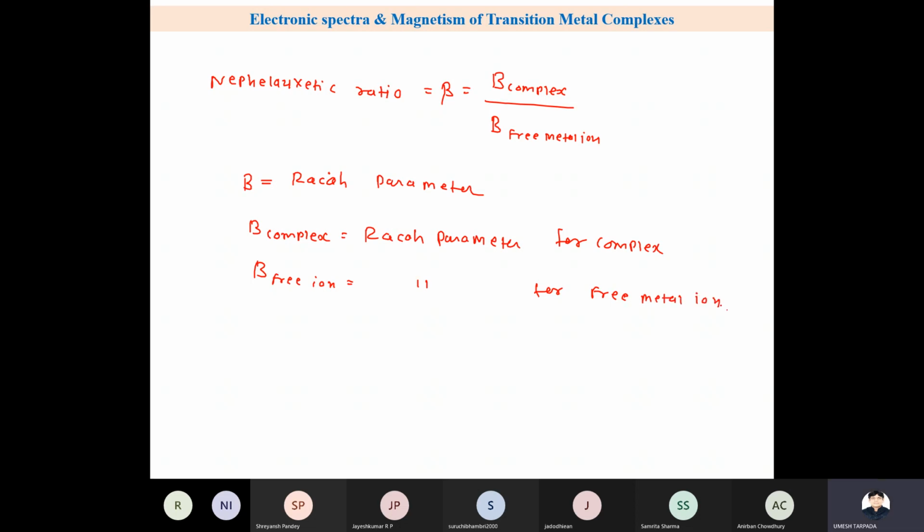Where will repulsion be greater? In the free metal ion or in the complex? It will be greater in the free ion. So this ratio, you see, most of the time comes out less than 1. Is it okay?